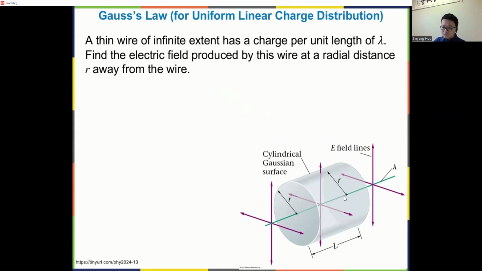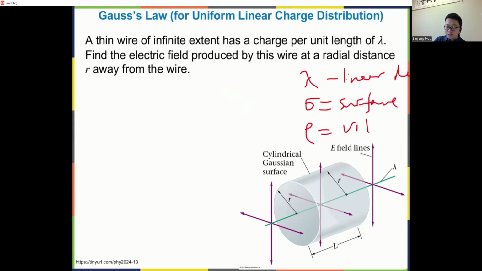A few things here: lambda usually is the line charge density, the linear density of charge. Sigma will be the surface charge density, and rho will be the volume charge density. So a few notations you will be seeing: lambda, sigma, and rho.